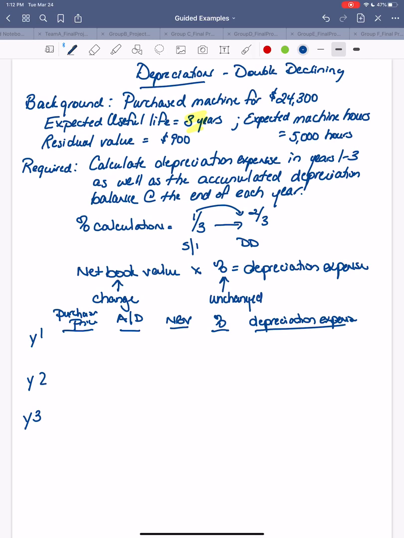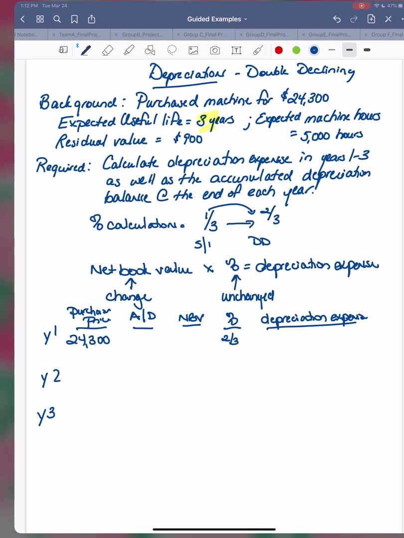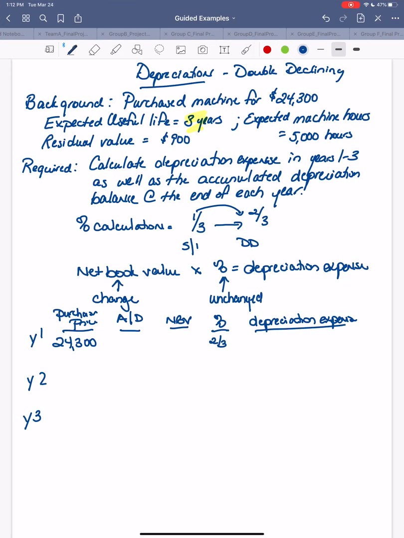Okay, so for year 1, the purchase price is $24,300, right? So I'm going to multiply that times the percentage, which is 2/3, and that will be my depreciation expense. So let me do the math there. 24,300.